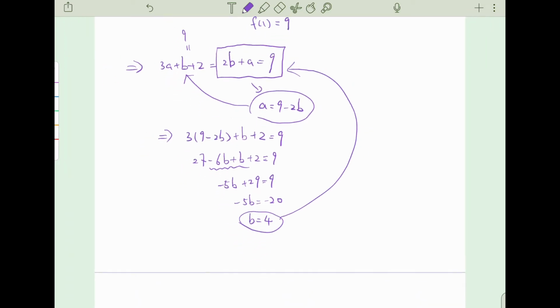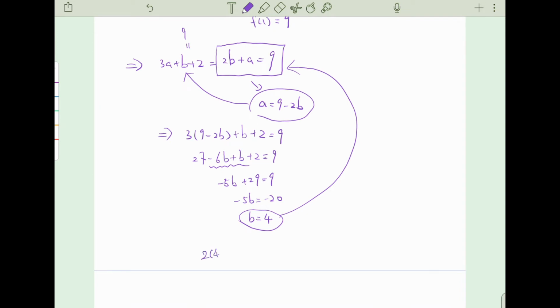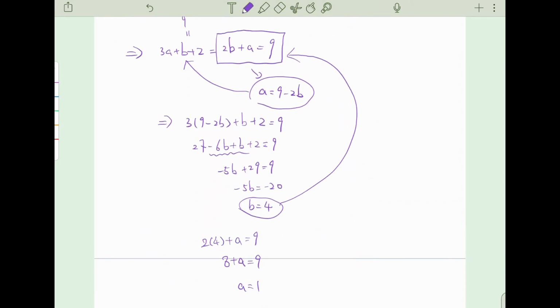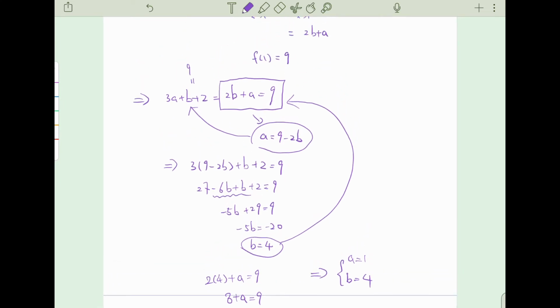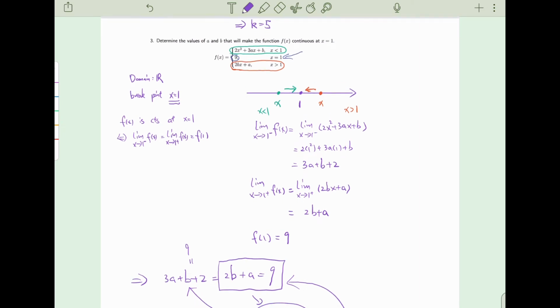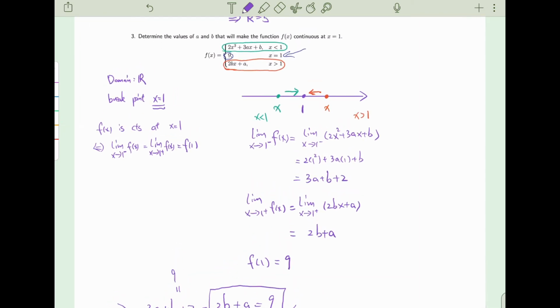And now I have 2 times 4 plus a equal to 9, right? Which gives me that 8 plus a is 9. So a is equal to 1. Okay? So now my answer is a equal to 1, b equal to 4. So this solution, the values of a and b, will make the function continuous at 1. Okay, by the discussion above.